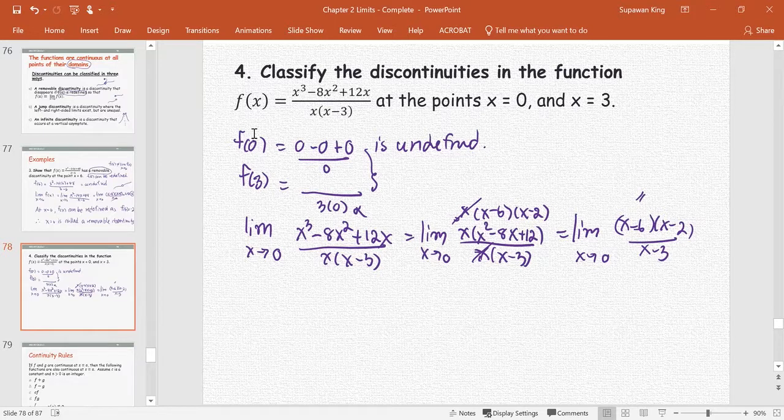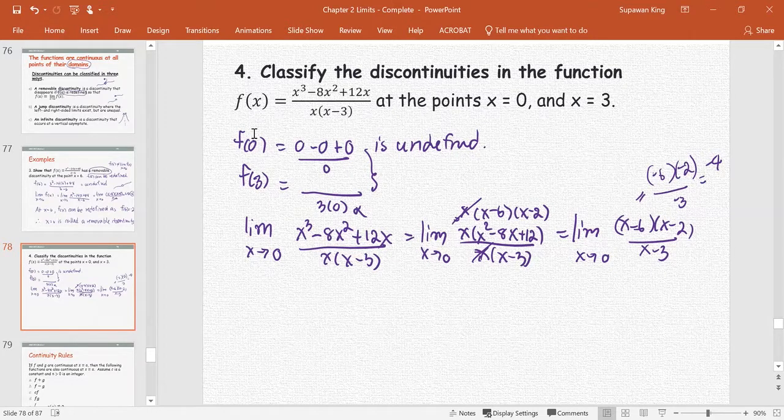Therefore, as we replace x with 0, the limit approaches negative 2, or negative 4, sorry, because the numerator will be negative 6 multiplied by negative 2, divided by negative 3. Therefore, we get negative 4 as the limit value as x approaches 0.